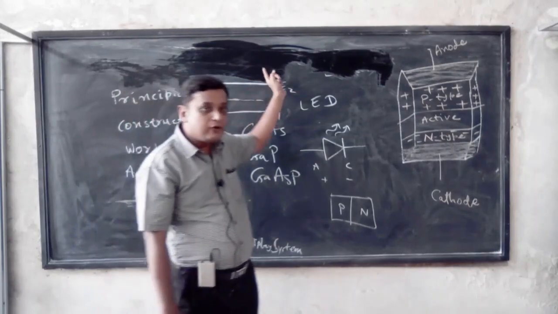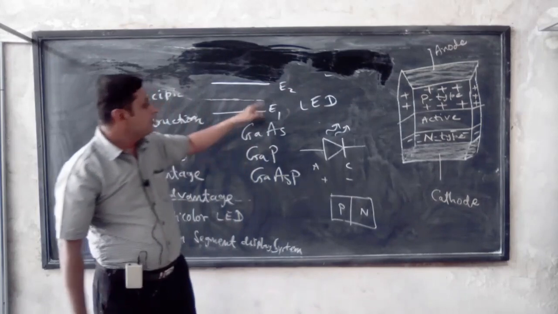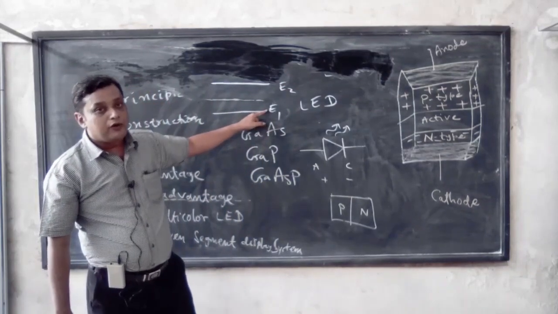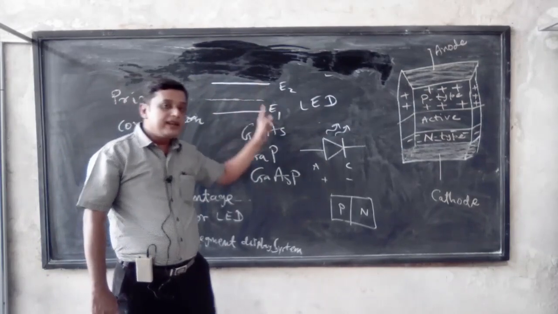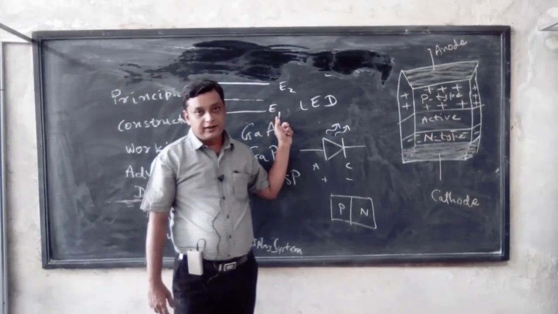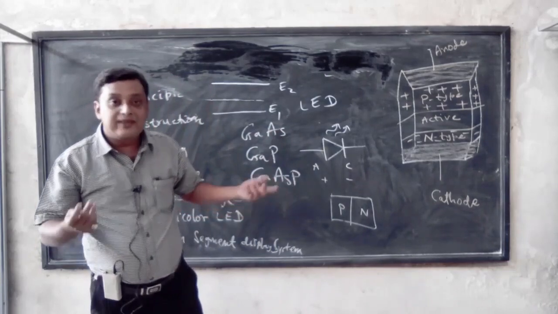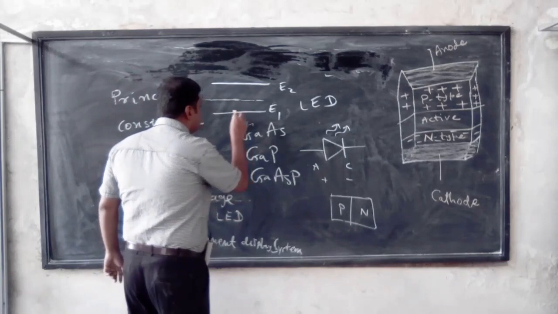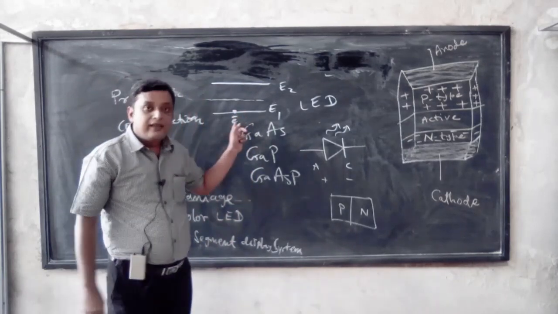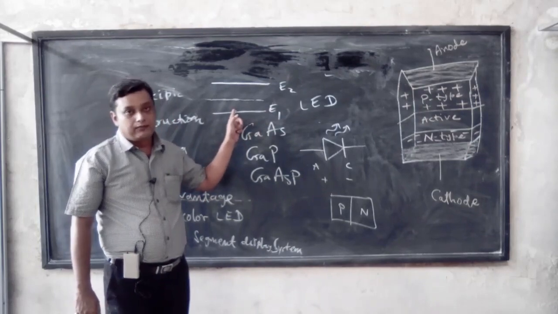So energy level 2 has a higher energy compared to energy level 1. So the higher energy level is E2, the lower energy level is E1. Now according to Bohr's second assumption, there may be an electron which is available in the energy level E1.